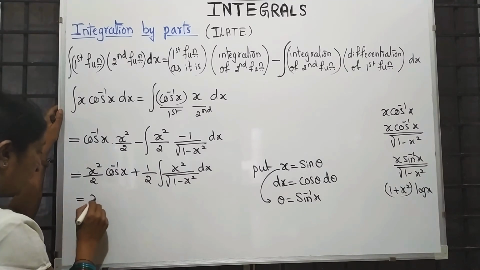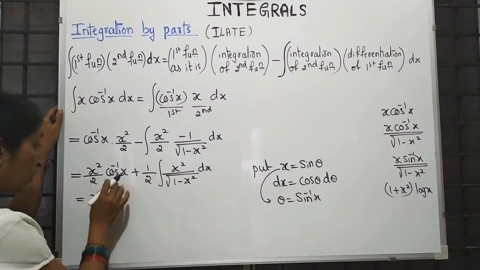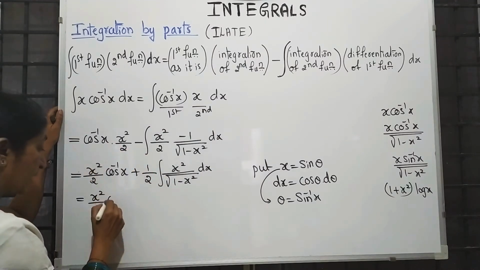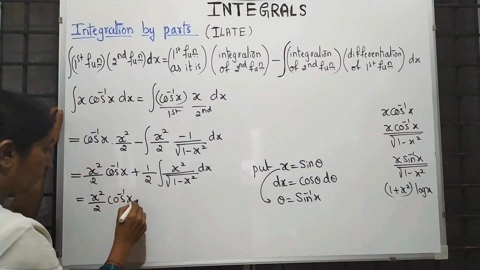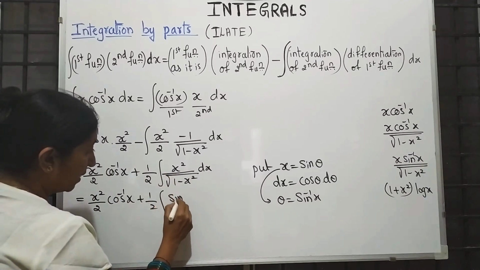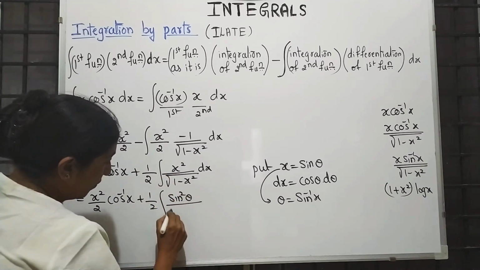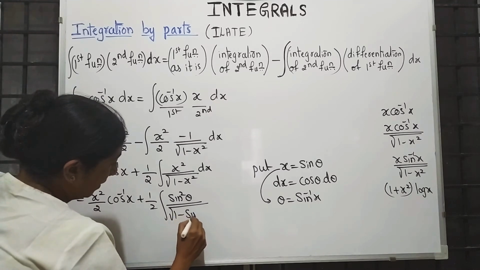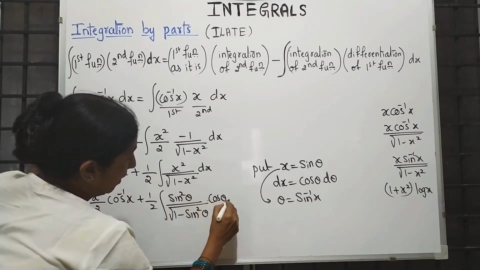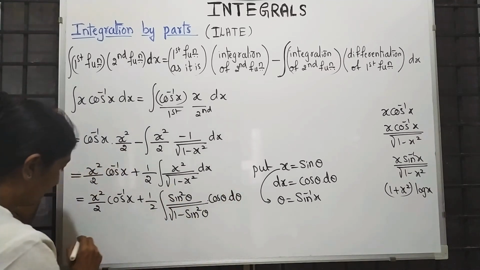Now here we cannot substitute in the x square by 2 cos inverse x term, because the substitution is only for the part with the integration sign. Plus 1 by 2, x square is sin square theta upon root of 1 minus sin square theta, dx is cos theta d theta.